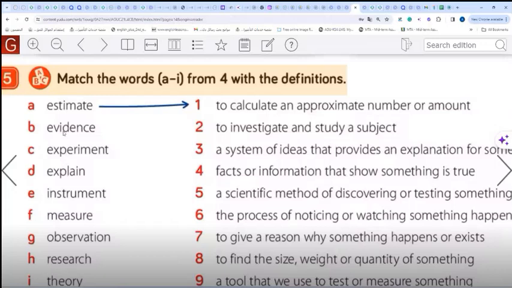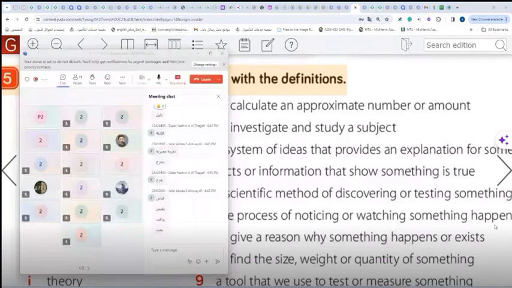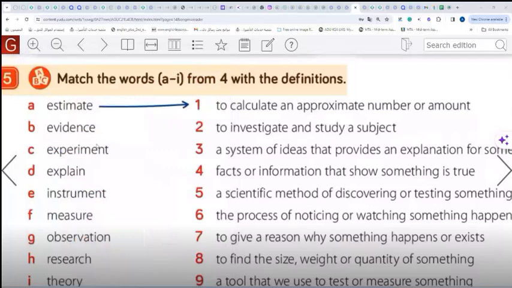Facts or information that show something. Okay, so what is the translation of the word in the Arabic language? I mean, what do you mean by evidence? Yes. So as you said, dalil. Yes. What about number C?